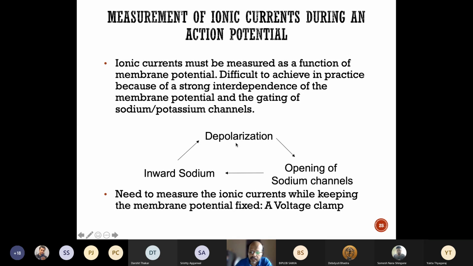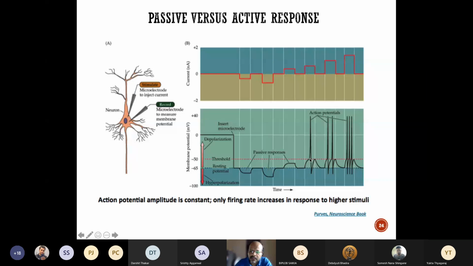This actually is the loop that causes the potential to just spike up like this. Once it reaches a threshold, sodium conductance starts to increase, which means sodium channels start to open. As soon as they open, all the sodium that's outside starts getting sucked in.